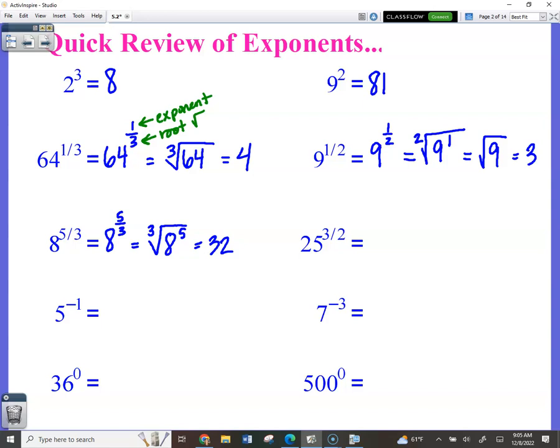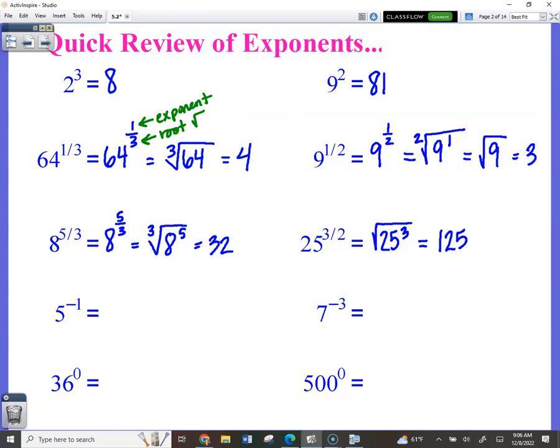It's going to evaluate 8 to the 5th, and then it's going to take the cube root of whatever that is, which is 32. Get that?